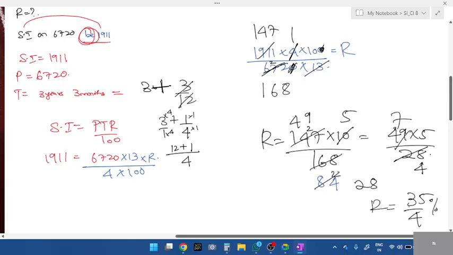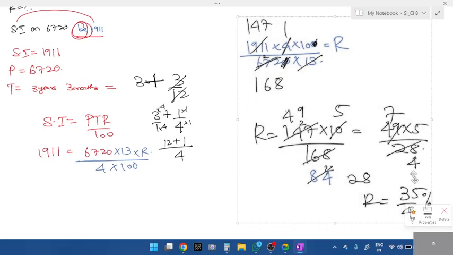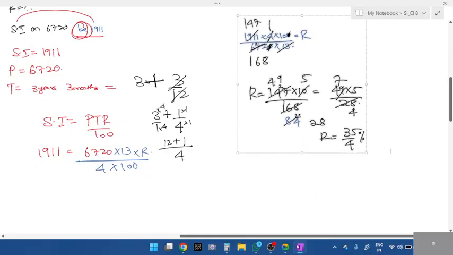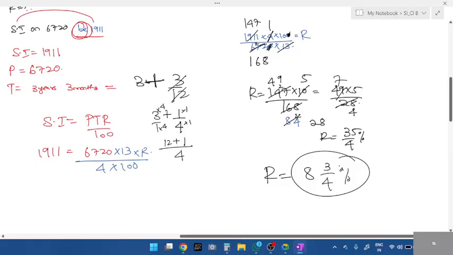Convert into a mixed fraction. 8 3 by 4 percent. 8 3 by 4 percent is the answer. Or in the textbook, what have they given? 8.75 or 8 3 by 4? 8 3 by 4 percent, students. Check the answer in the textbook.